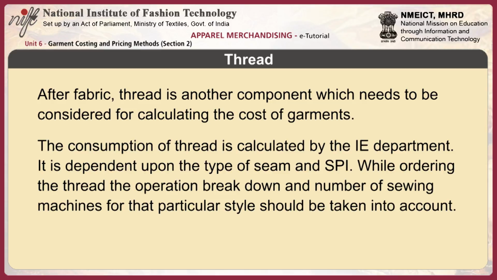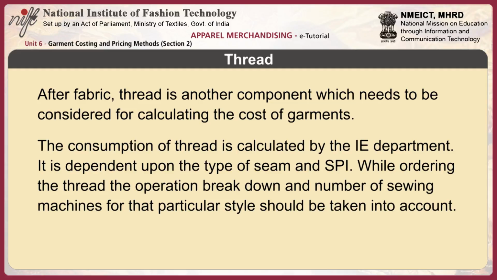The consumption of thread is generally calculated by a master, or by the Industrial Engineering Department, called the IE department. It is dependent upon the type of seam, what the seam types are, and the number of stitches per inch, SPI.